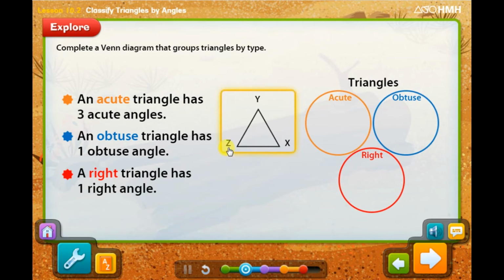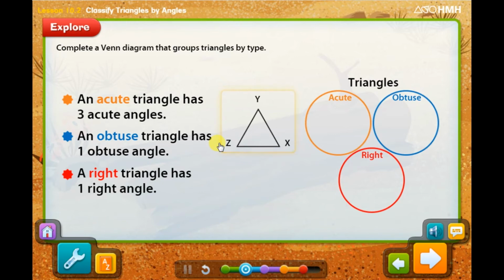So we can say ZYX or XZY or ZXY or YXZ or XYZ or anything, but you have to mention the 3 letters in any order. That's how you name the triangle.